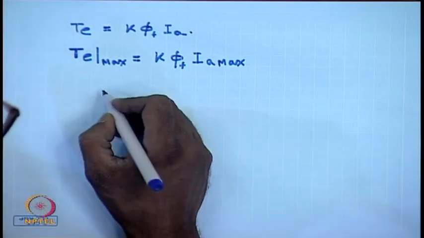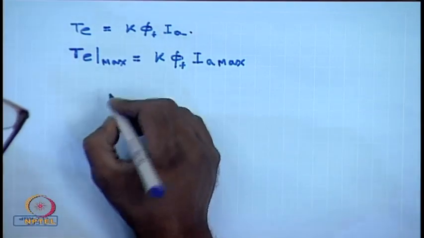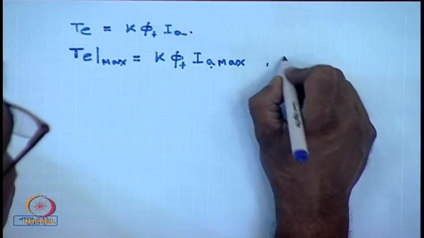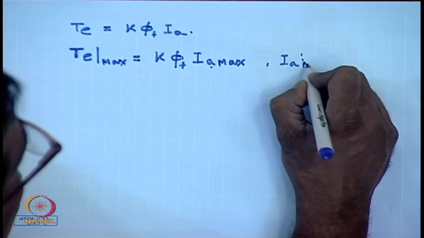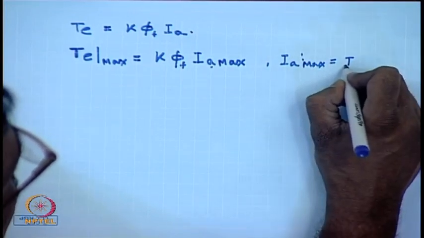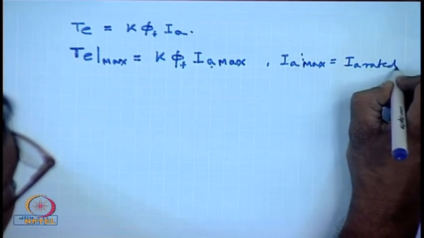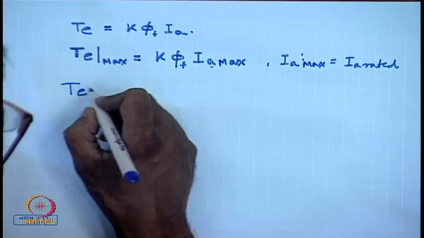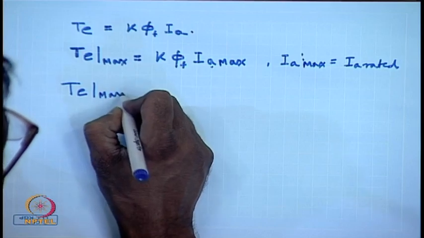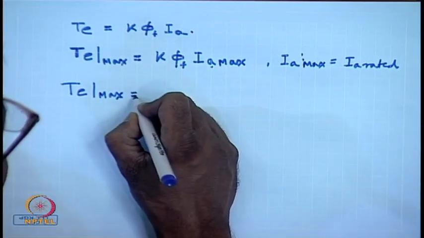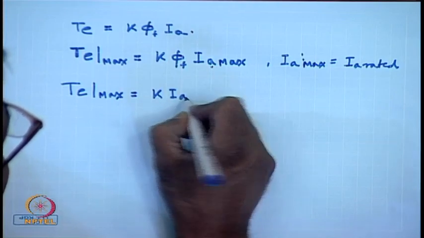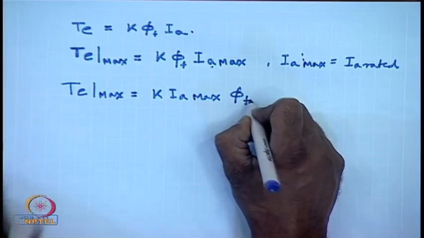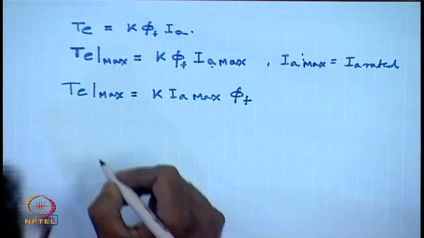So, at any reduced flux the maximum torque that can be generated, since I A max is constant which is equal to I A rated, then T E max is equal to K I A max phi f. What is the corresponding machine speed at a current of I A max?